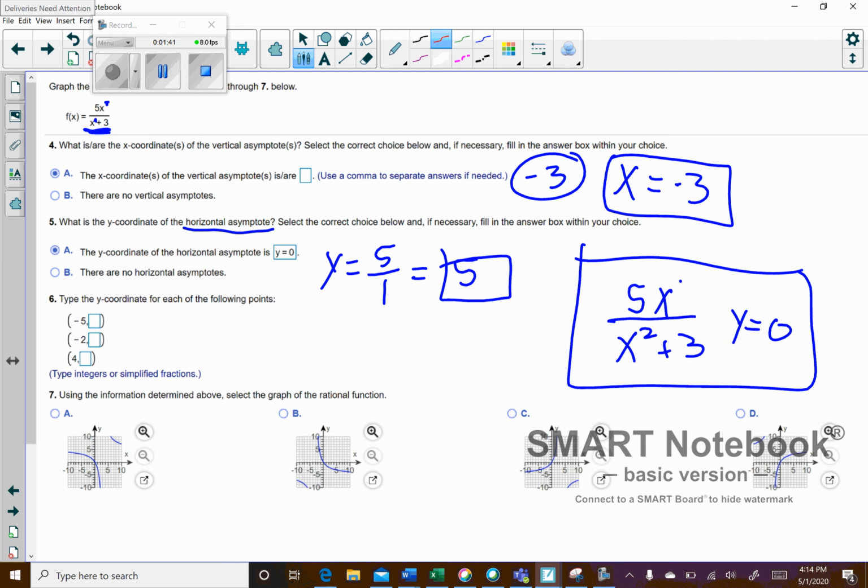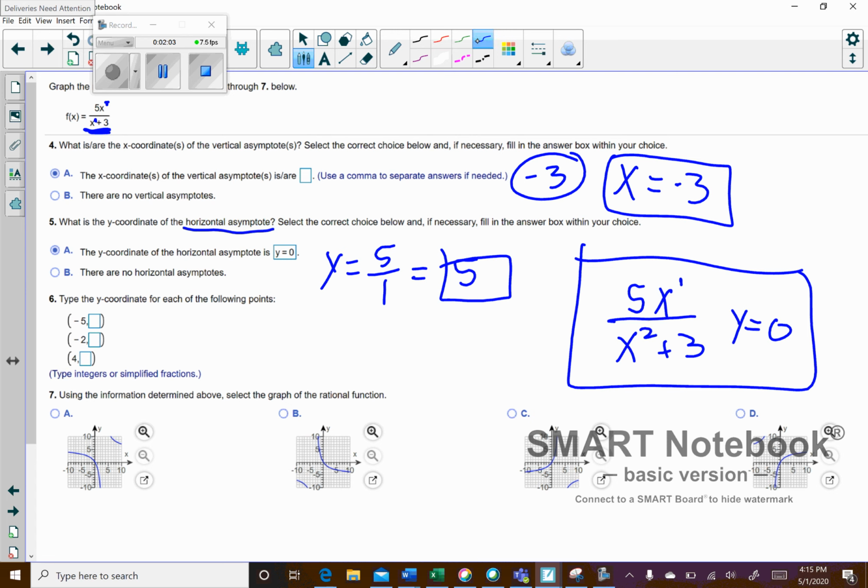So whenever that power on top is smaller than the power on bottom, that's when you'll get the 0. But other than that, you'll do a ratio. Now there's another thing that can happen where the top power is bigger, but we're not going to discuss that in this course, so you don't have to worry about that. So those are the only two different things that could happen.